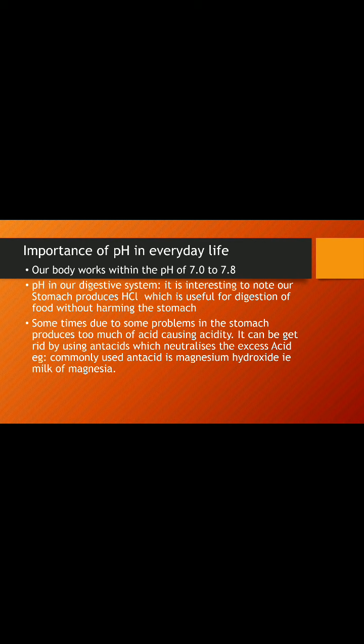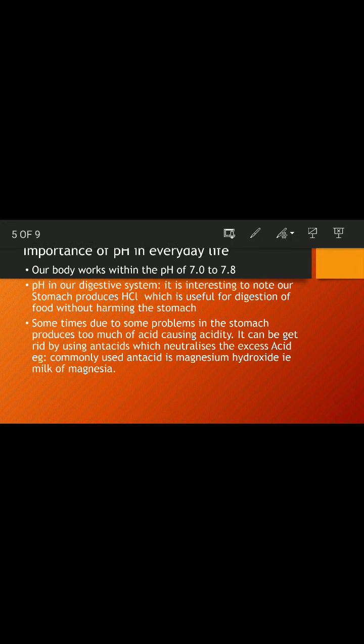The most commonly used antacid is magnesium hydroxide. It is also known as milk of magnesia. Magnesium hydroxide or milk of magnesia is used as an antacid to neutralize the acidic content in the stomach.